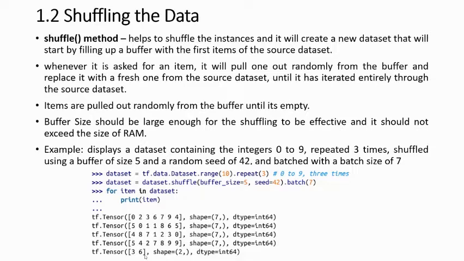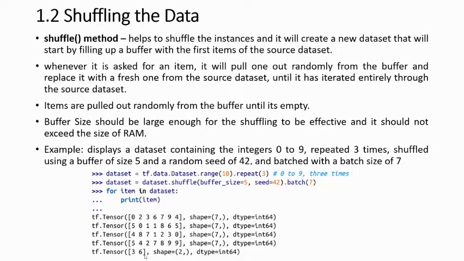Now that we have understood how shuffling works with the buffer, why do we need this shuffling and buffer concept in the data API? For larger data sets which do not fit into the memory, this simple shuffling buffer approach may not be sufficient, because the buffer will be small compared to the data set.